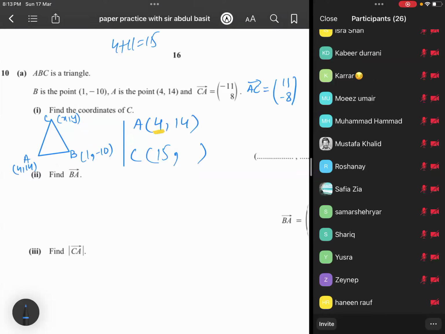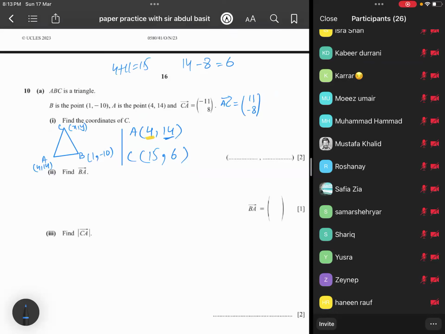Okay, now I'm at 14, so 14 minus 8, I need to go down. 14 minus 8 is how much? 6. That is the answer for coordinate C: (15, 6).